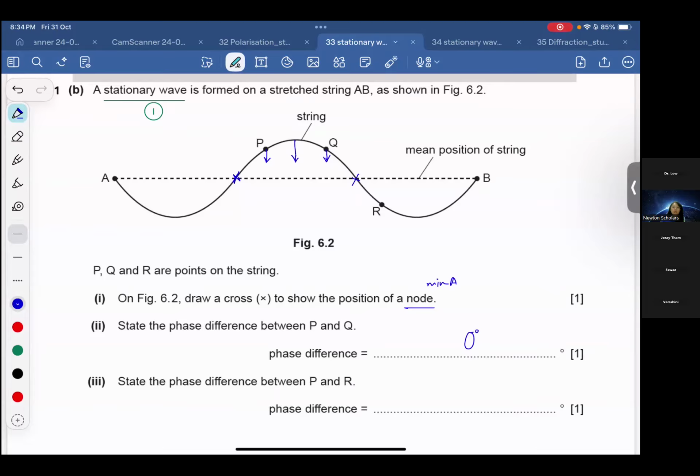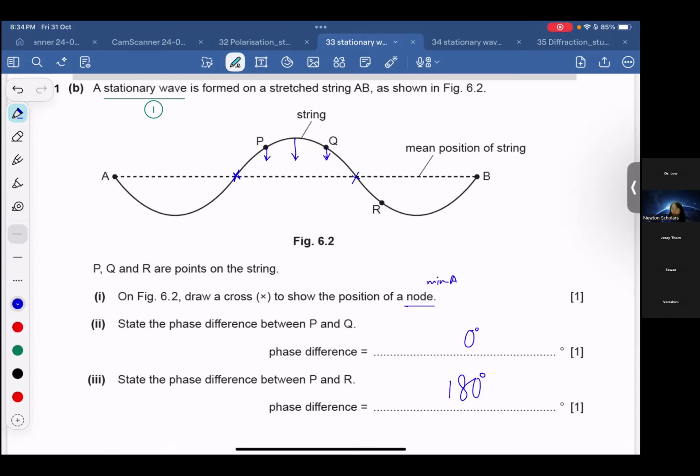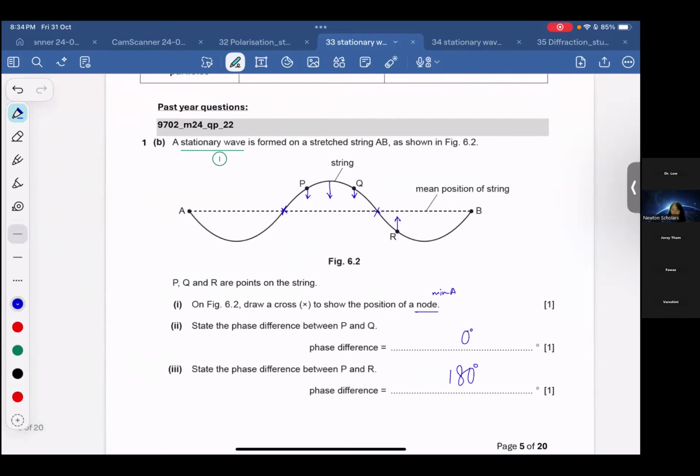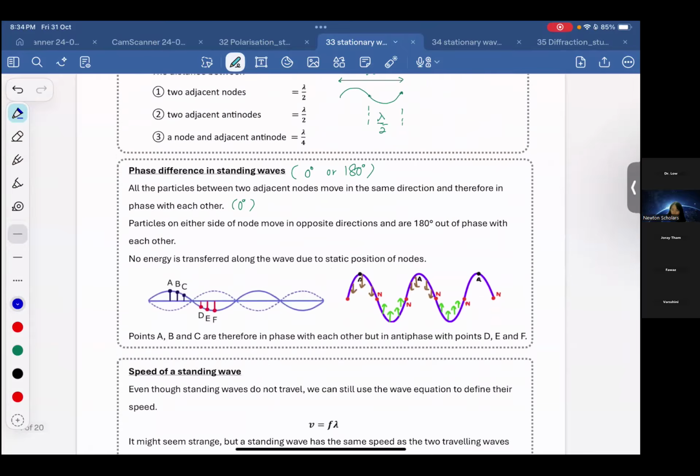Can you tell me what is the phase difference between P and R? Haichen, good job. Vashini, good job. The answer is 180 degrees, because this one is in the opposite direction. Refer back to this: can you see that?